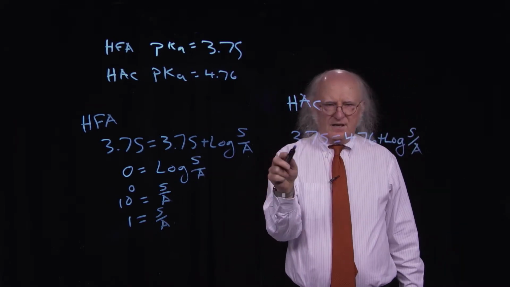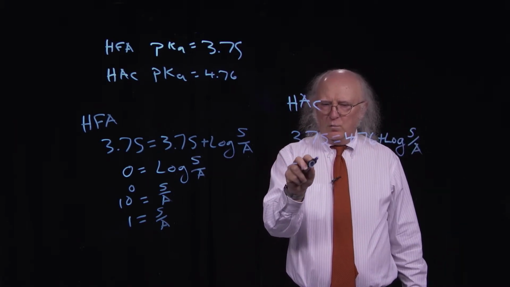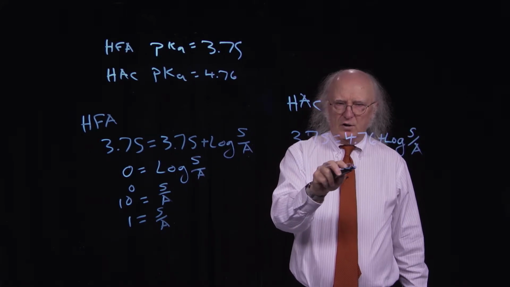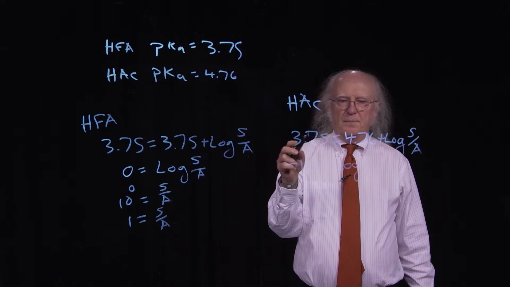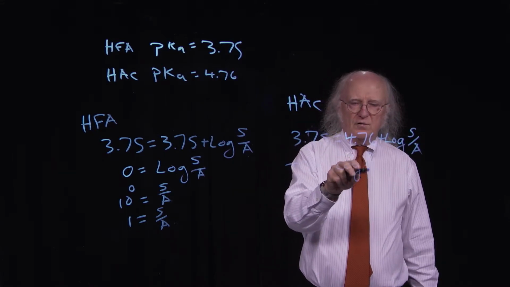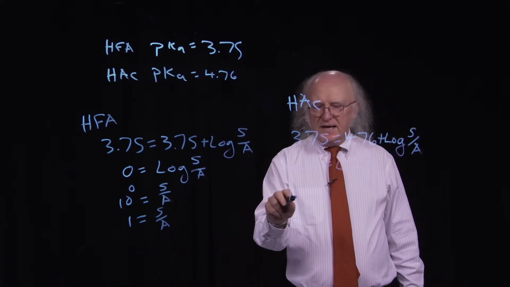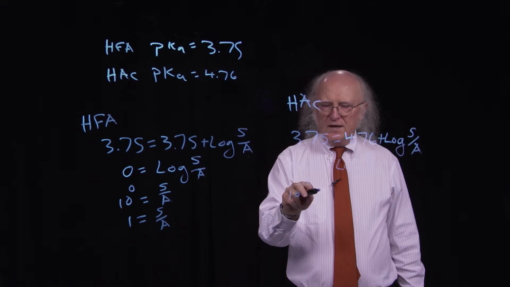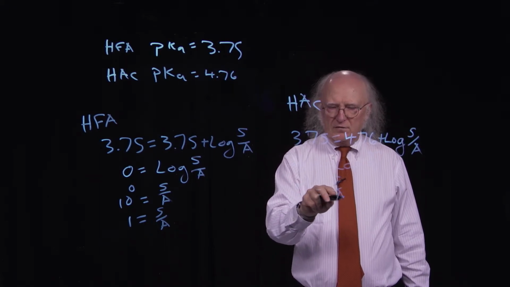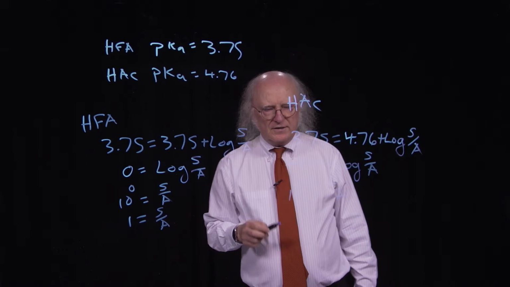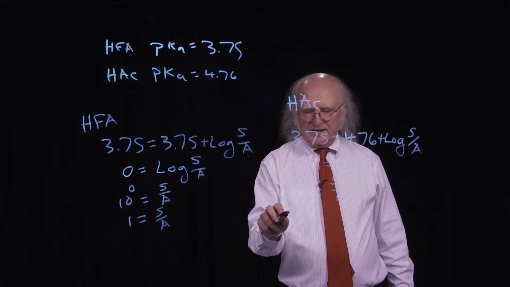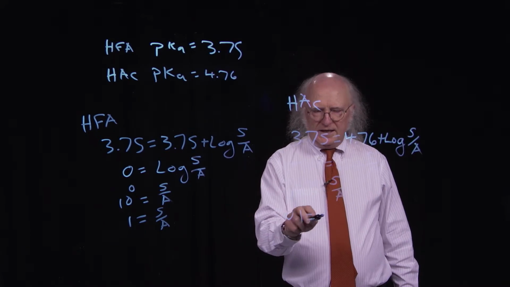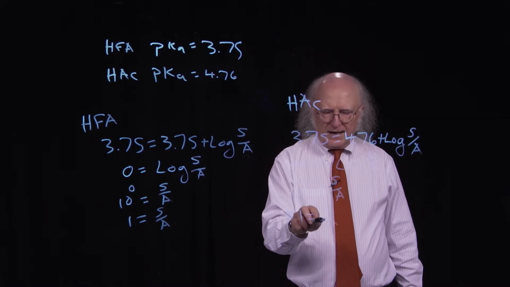We take that to this side, we get minus 1.01 equals the log of salt over acid. So 10 to the minus 1.01 is equal to salt over acid. Here the ratio of salt to acid was 1 to 1. Here, if I do these numbers, I will see that this is equal to 0.1 equals salt over acid.